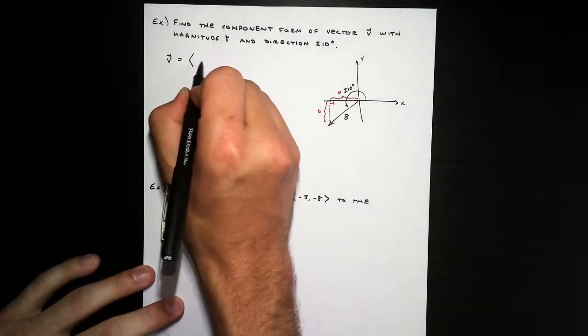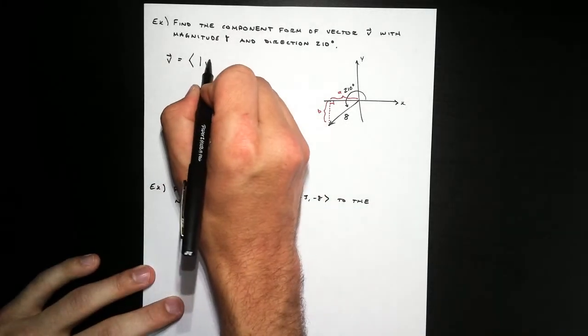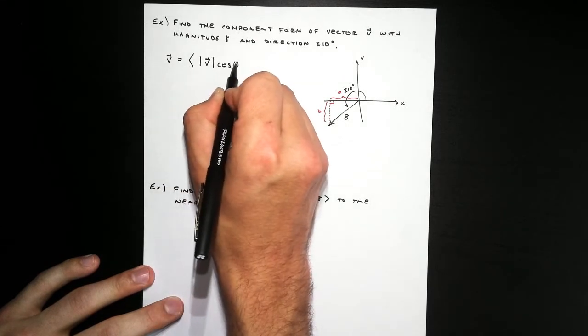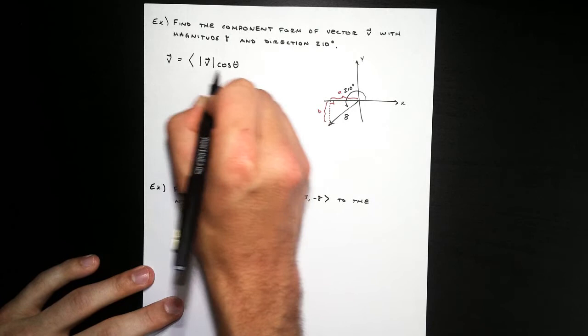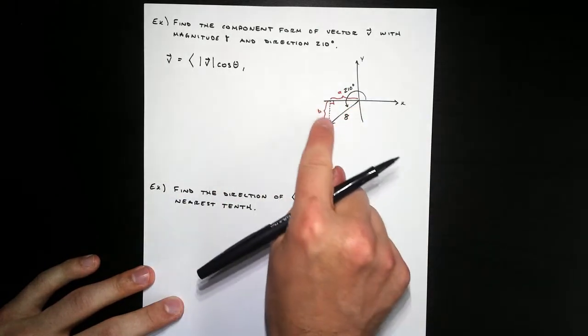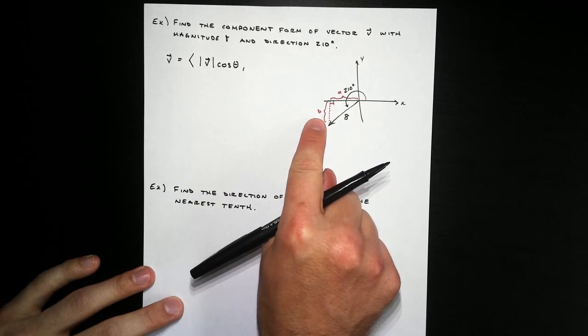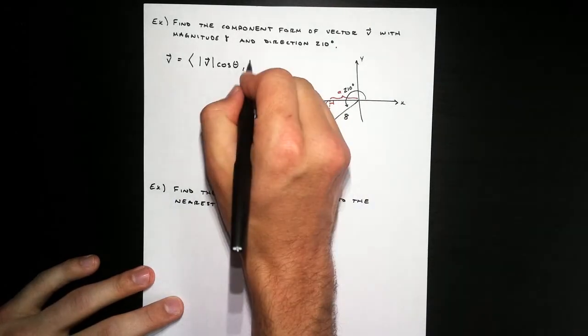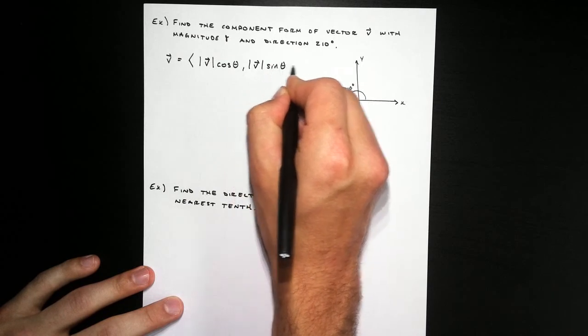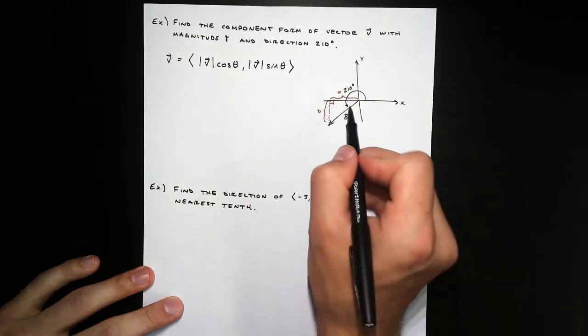So 8, that was the magnitude of this vector. So the magnitude of the vector times the cosine of the angle, that's going to give me my change in x. And following the exact same argument for the change in y, we would do the magnitude of the vector times the sine of theta.